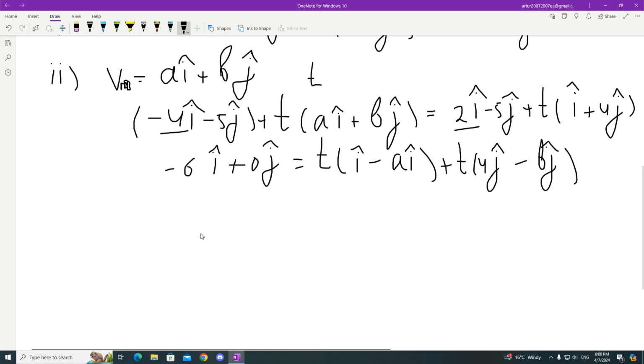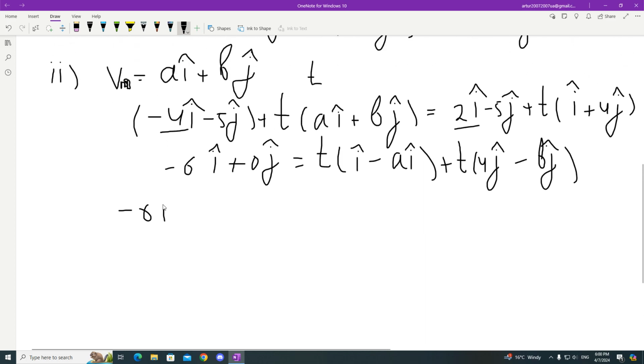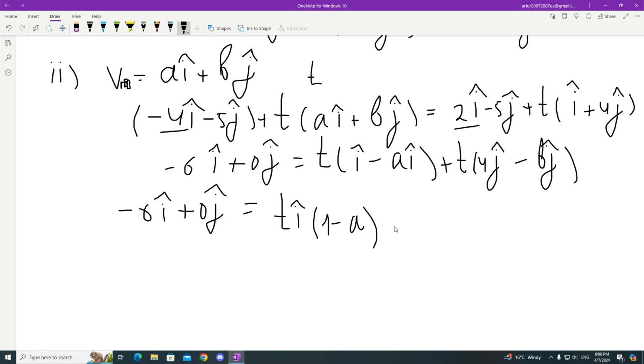Now we can factorize it more and get minus 6i plus 0j is equal to t i (1 minus a) plus t j (4 minus b).